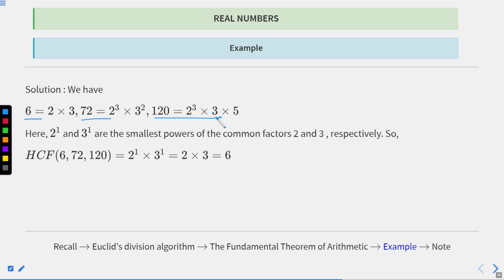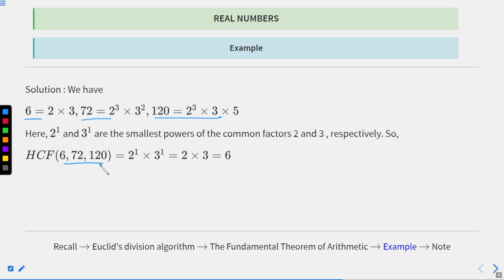Here 2 to the power 1 and 3 to the power 1 are the smallest powers of the common factors 2 and 3 respectively. So the HCF of 6, 72, 120 is equal to 2 to the power 1 times 3 to the power 1, which is 2 into 3, equal to 6.